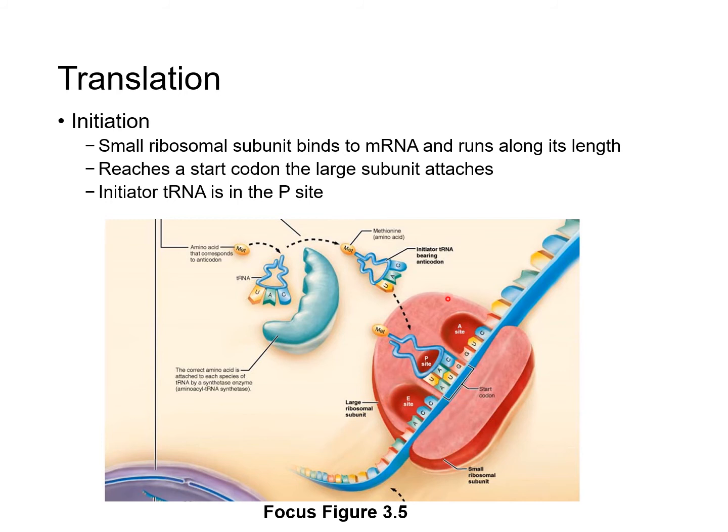At that point, the large ribosomal subunit attached. And along with it came the initiator transfer RNA, which bears the anticodon for the start codon. And so here we are at the beginning of translation initiation.